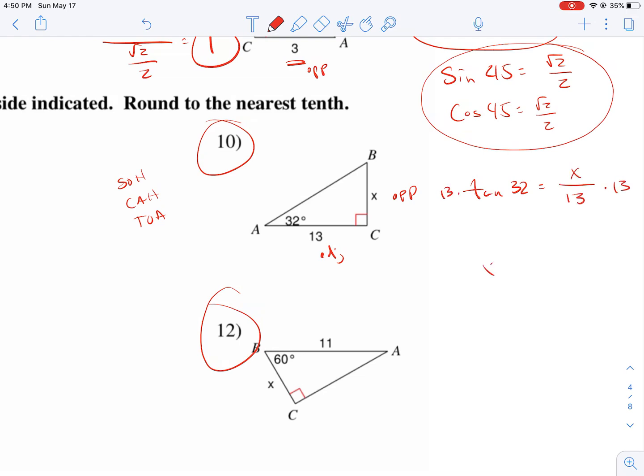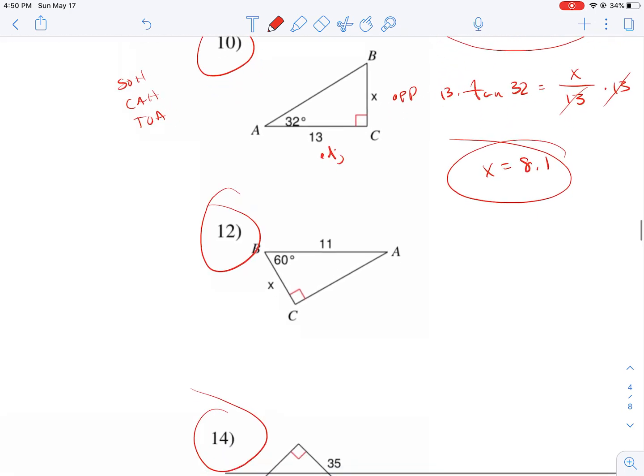Multiply both sides by 13. So x is equal to tan of 32 times 13. Rounded to the nearest tenth, 8.1.